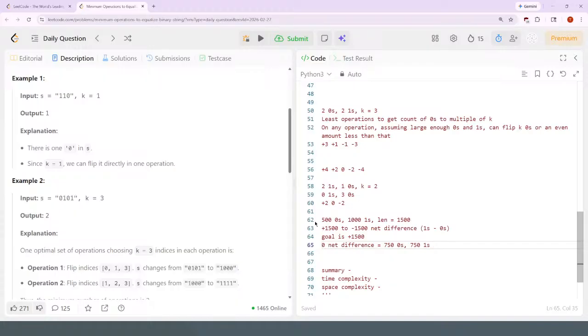How does K come into play? Initially if there's 1,000 and 500, that means it's plus 500 difference. And let's say K is 500, then that's just 1.